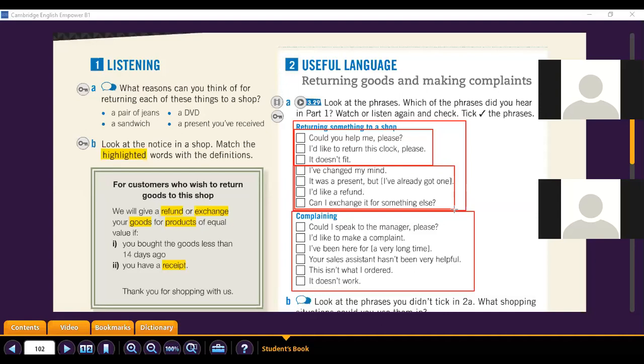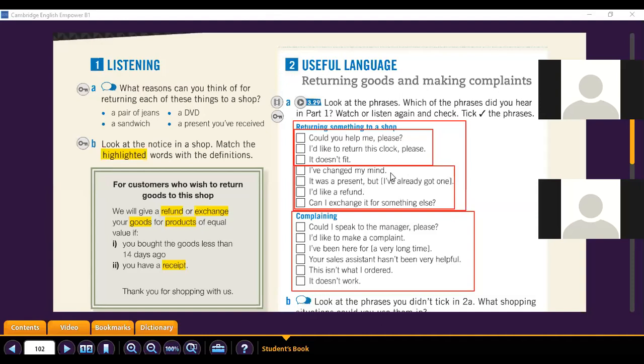They'll be returning something to us. Exactly. Could you help me, please? Since I've changed my mind. I'd like to return this cloth, please. It doesn't fit.